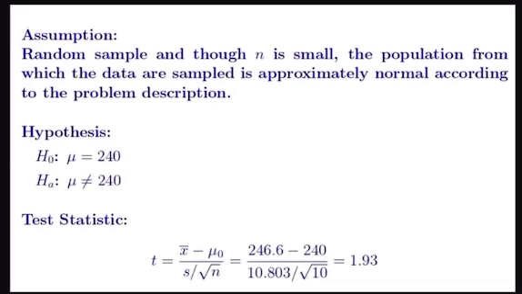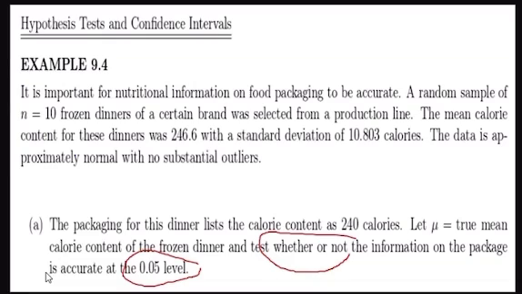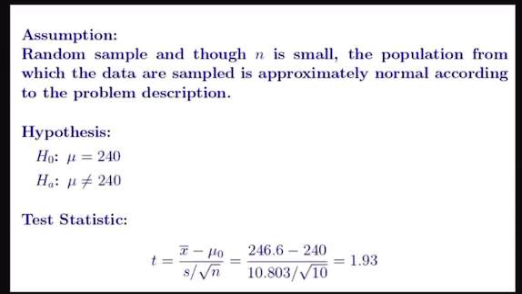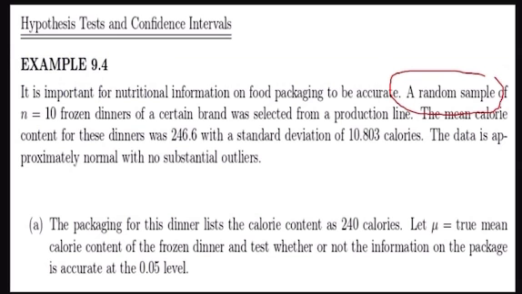Now, the assumption of random sample holds, because we were told here that a random sample was chosen. Okay, the assumption of randomness holds. Now, even though the sample size that we have in the question is very small, how do I know it's small?